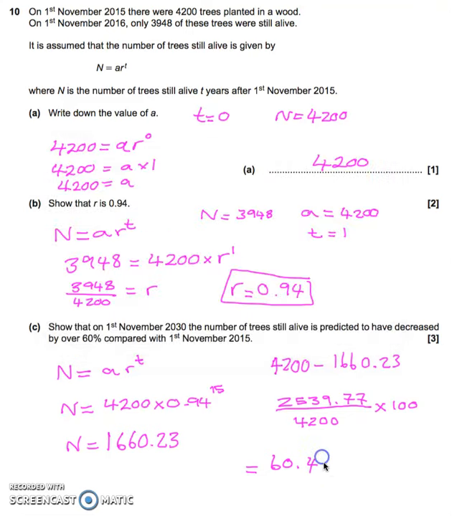But I'm going to round that again because that's enough for us to show that this is the percentage decrease that is over 60%, which is more than 60%. Okay, this is the decrease. So we've shown through the maths that we've satisfied this question and got 3 marks.